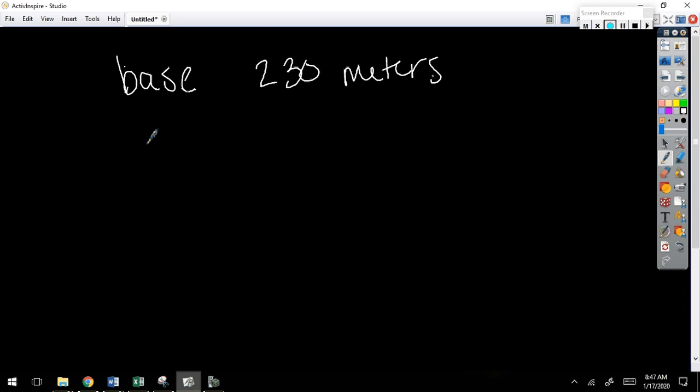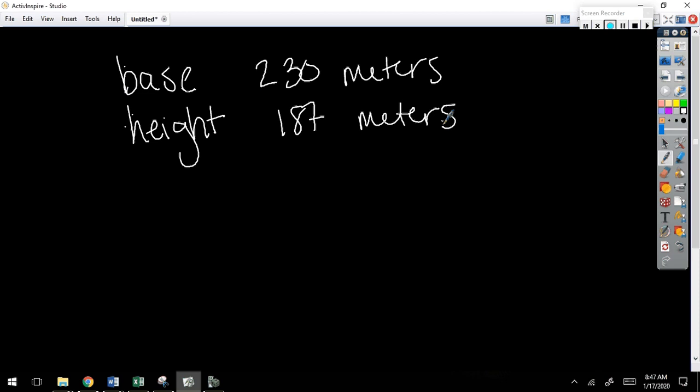The height of the triangle once measured 187 meters. The area of a triangle, y'all should know this. How do you find the area of a triangle? The area of a triangle is 1/2 the base times the height.